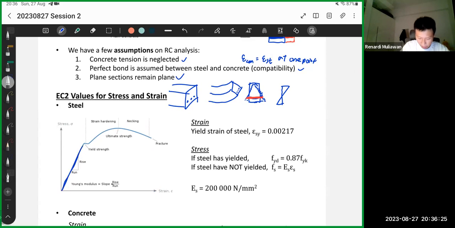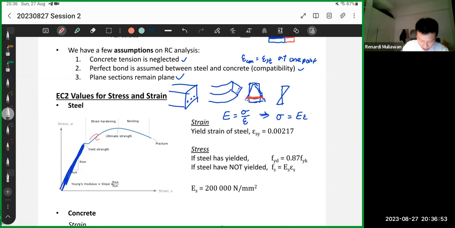Initially, when you pull the steel, the stress is proportional to the strain. So by how much you pull, you multiply it by the Young's modulus. Young's modulus is stress over strain, so the stress is just Young's modulus times strain. That's for this section.